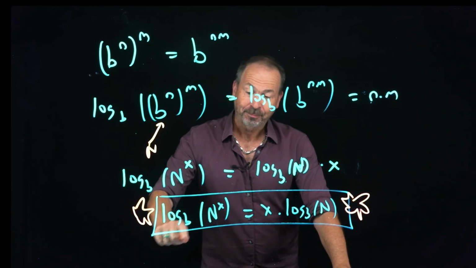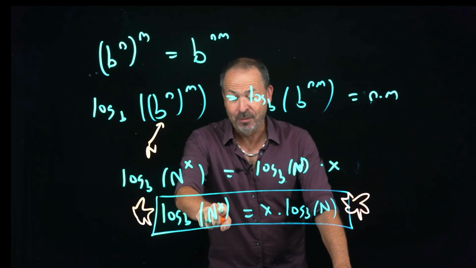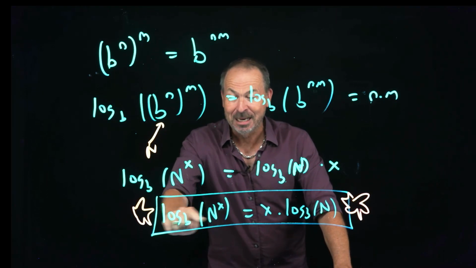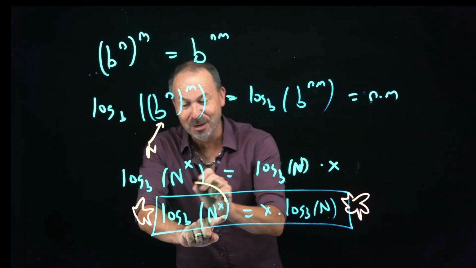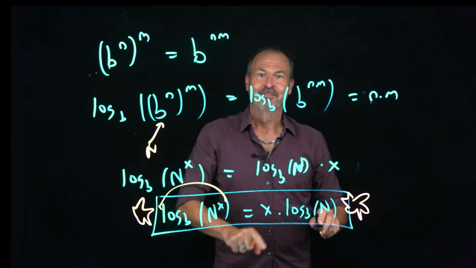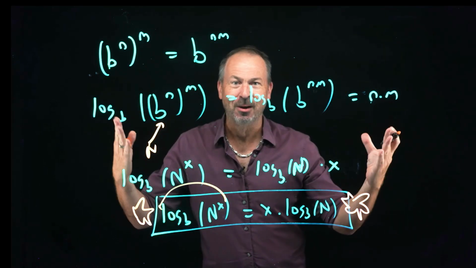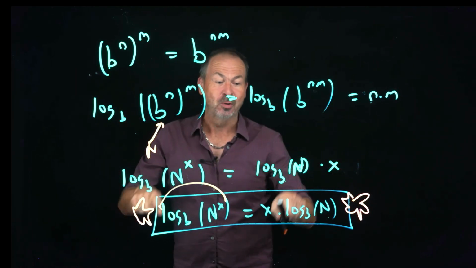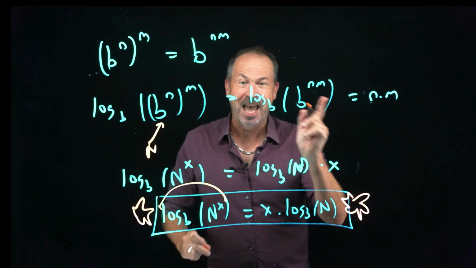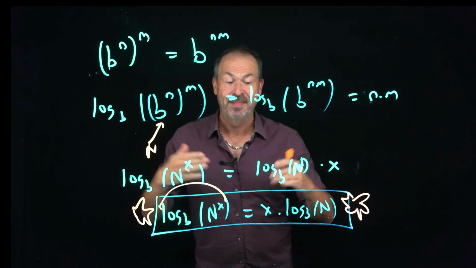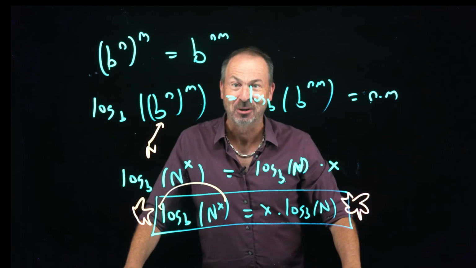Because it says, if you've got a power, if you've got some sort of unknown value, some sort of value of x stuck upstairs, hitting it with a log shakes it down in front. Bingo. Hitting something with a log shakes all the exponents down out front where you can manage them. That is the thing we want to play with, and let me show you why that is so helpful and so advantageous to us today.